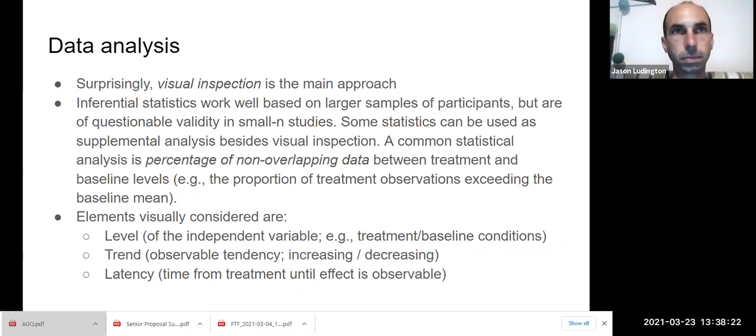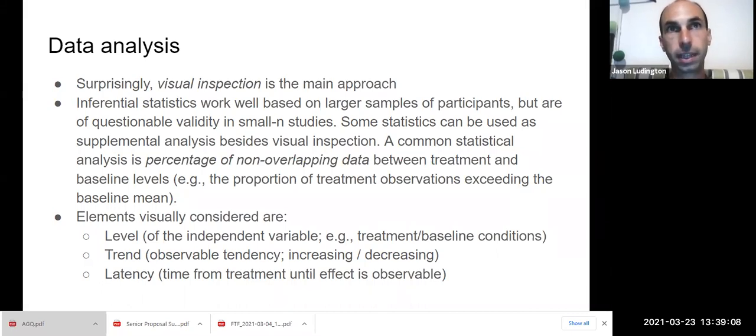So in the case of smoking cessation treatment, by chance, only 50%, if the treatment did not work, by chance, during the treatment condition, observations should be about 50% higher than the baseline or 50% lower than the baseline.